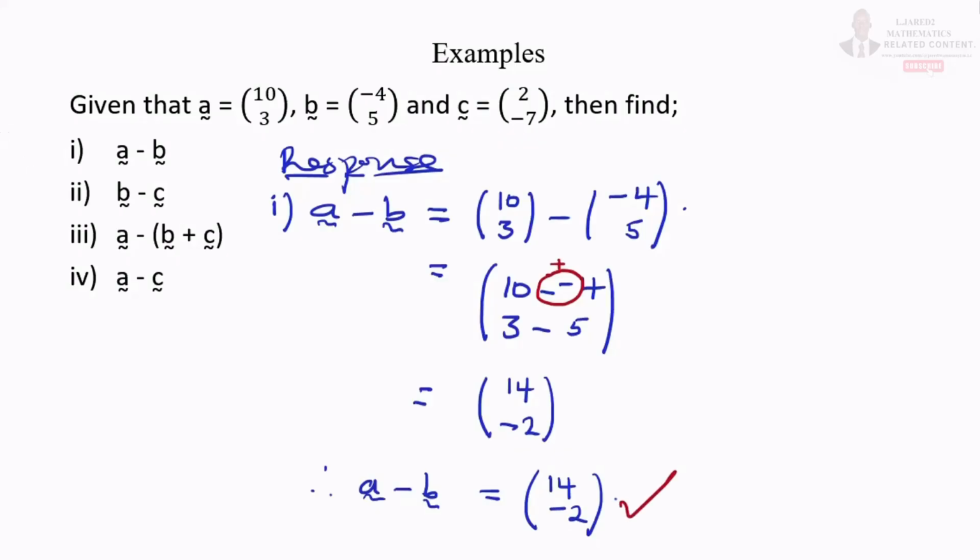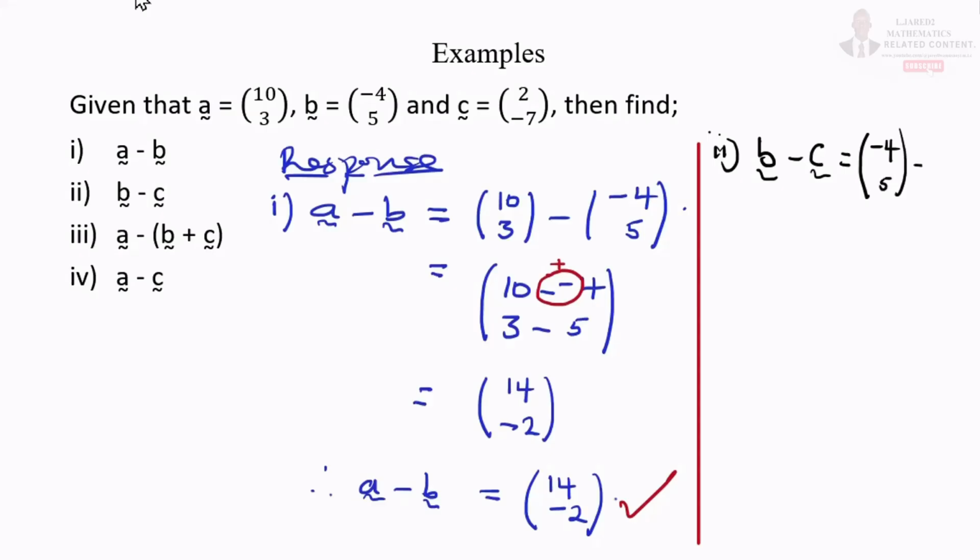Then Roman number 2. Let's try Roman number 2. We have to find the vector B minus vector C. So this is the same as, let's substitute in, vector B equals negative 4, 5 minus vector C, which is equal to 2, negative 7. As we simplify, this is the same as having negative 4 minus its corresponding component, which is 2, then 5 minus negative 7.